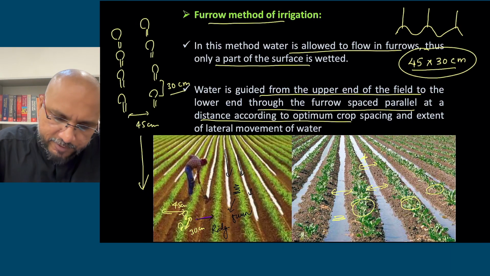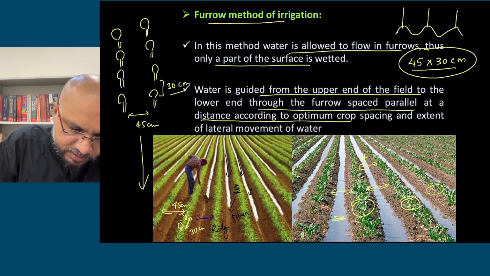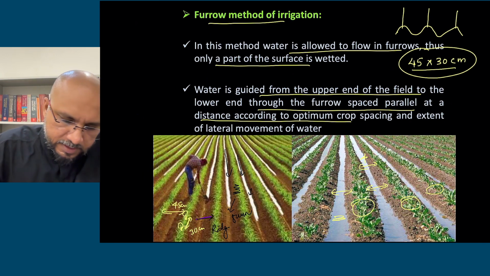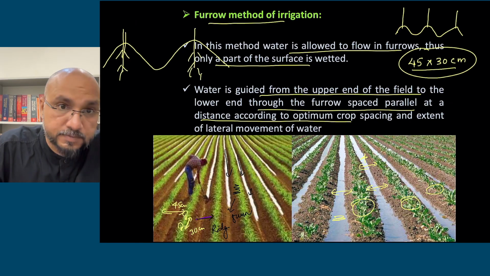Now in furrow method of irrigation, the water how it is distributed. Now suppose this is ridge and furrow, right. Now here is your plant, right, and this is your water flowing in the furrow.